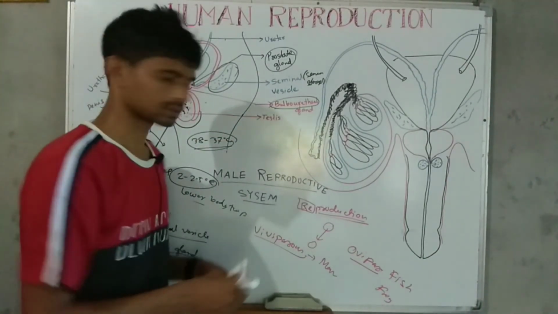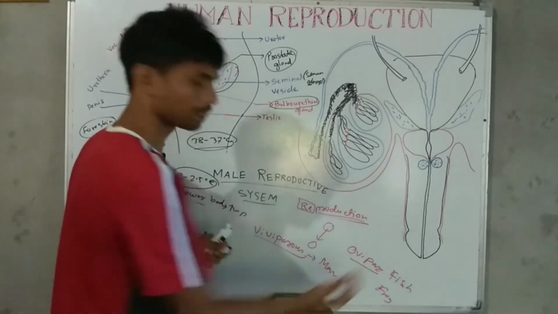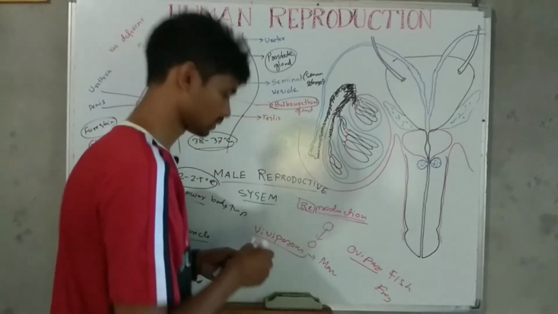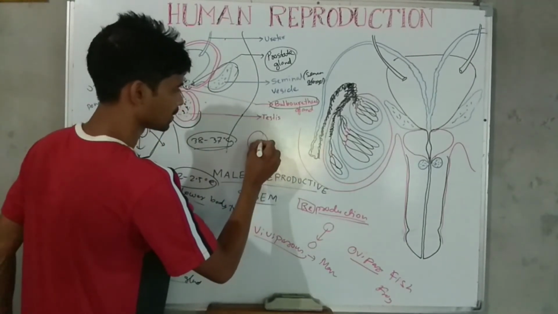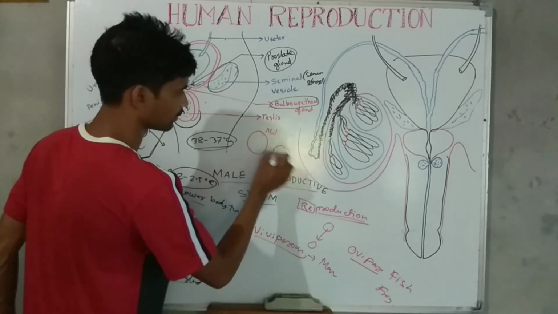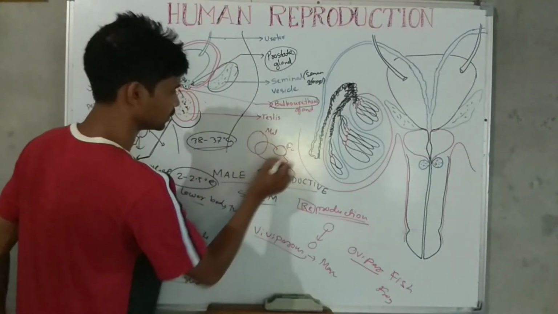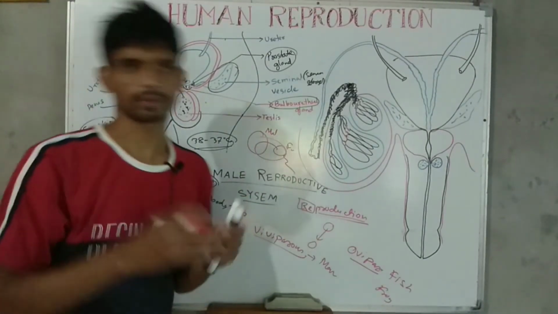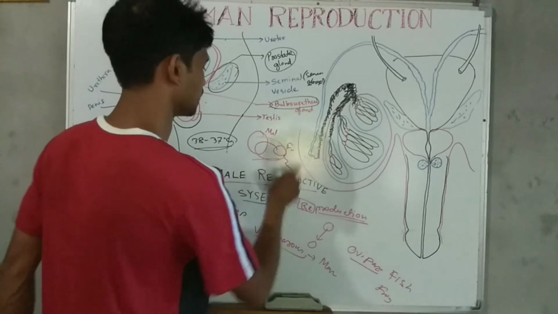So these are the terms, and what is fertilization? Fertilization means the fusion of male and female gametes. There is a female gamete and there is a male gamete. The union, a fusion of male and female gametes, is called fertilization. This we will learn again afterward.